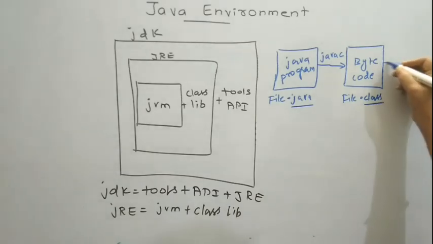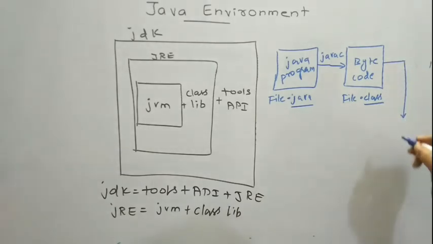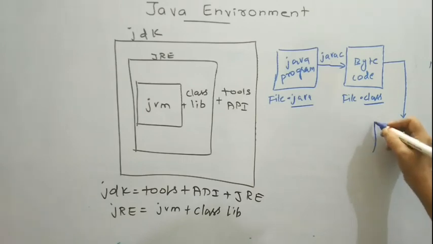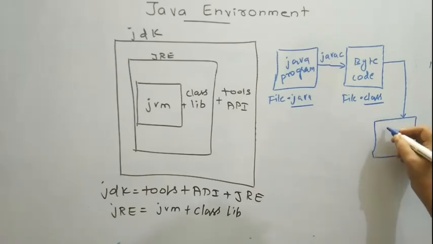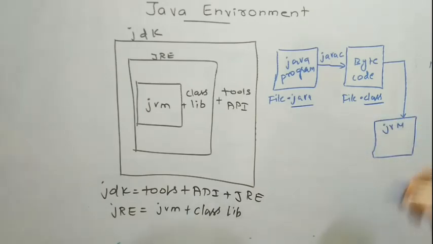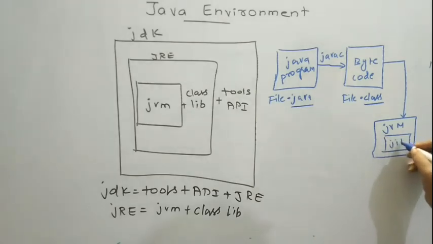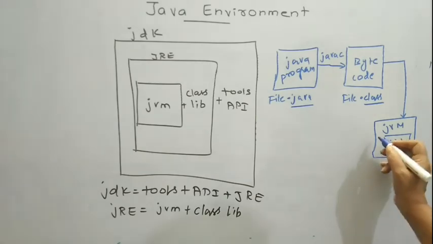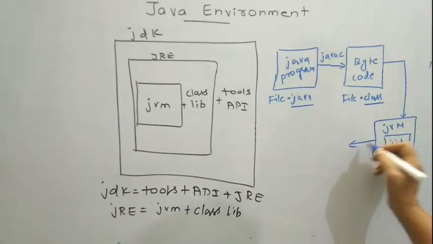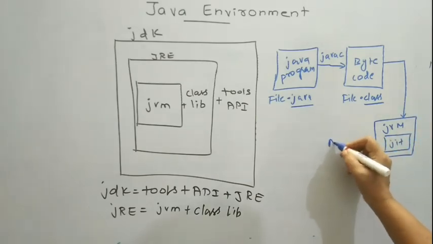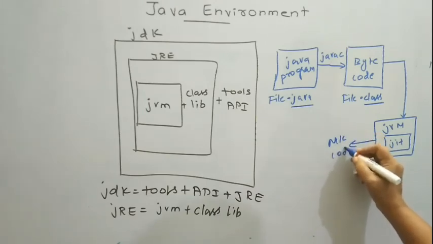When I want to execute it, this bytecode is given to the Java virtual machine. The Java virtual machine contains JIT, that is the just-in-time compiler, which will convert our bytecode into its corresponding machine code.